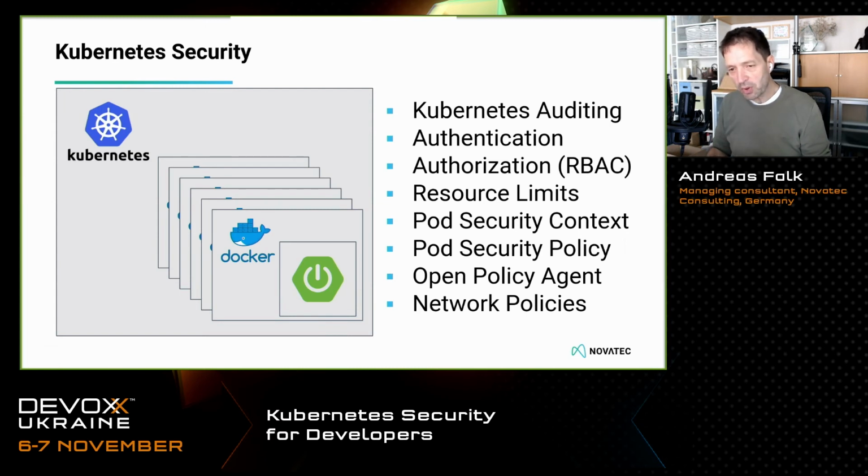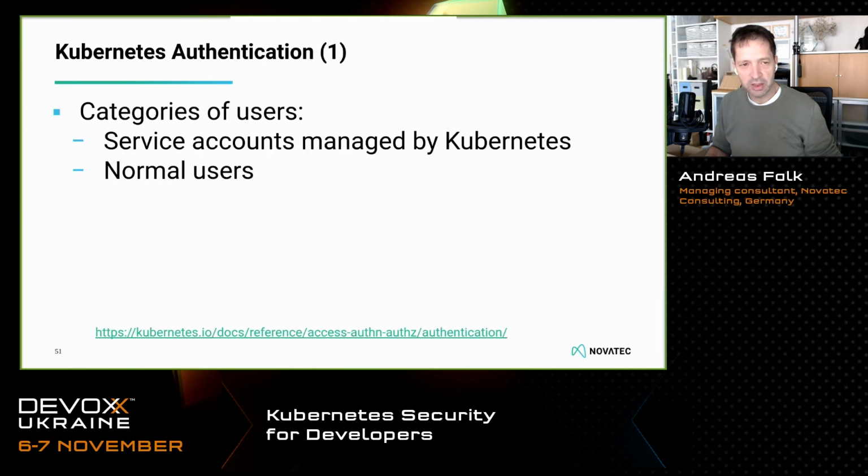There's a newer approach called the Open Policy Agent, which can also restrict access to your containers or enforce policies, so you cannot deploy any containers having root access anymore. And you can also restrict communication between pods, for example, using network policies. So these are the base concepts you could use to restrict all the security here.